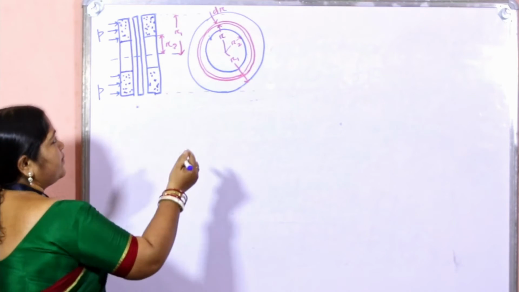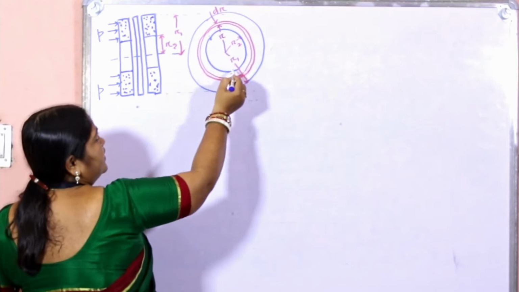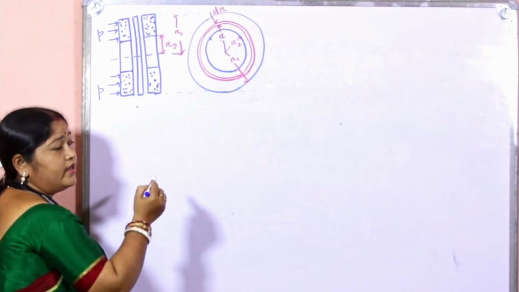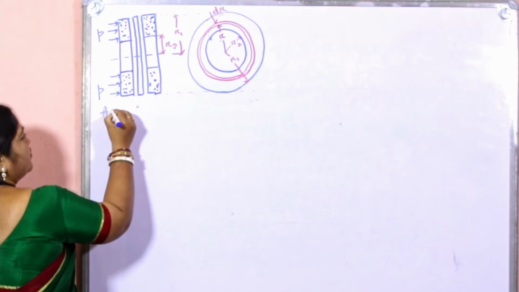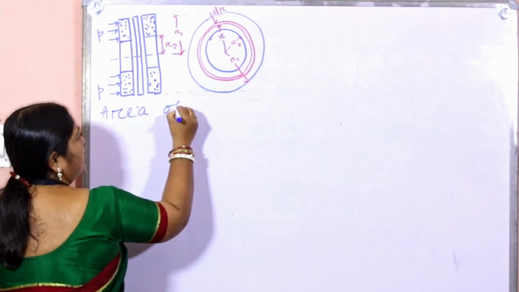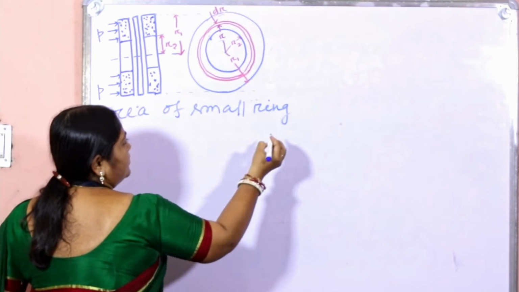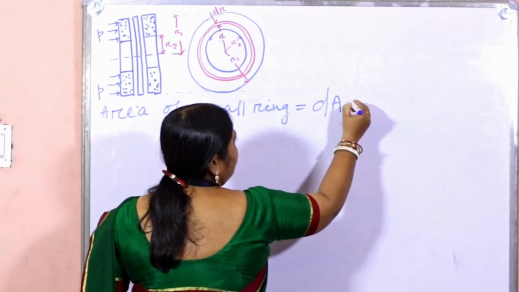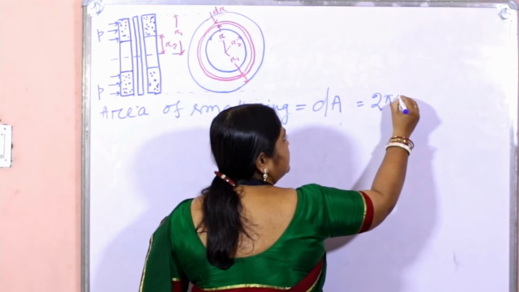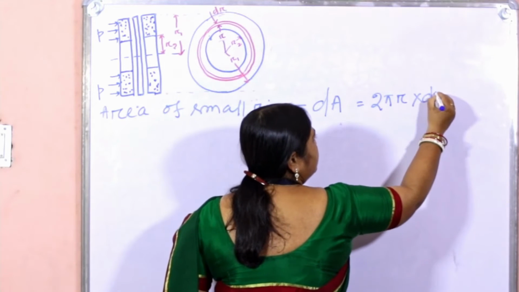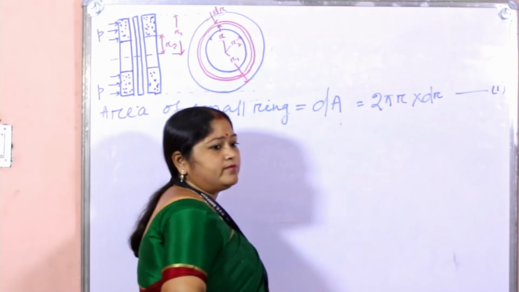I am assuming a small ring, which is in the red color, of radius r and thickness dr. So the area of the small ring, which I denote as dA, is equal to the perimeter, 2 pi r, into the thickness dr. Take that as equation number 1.